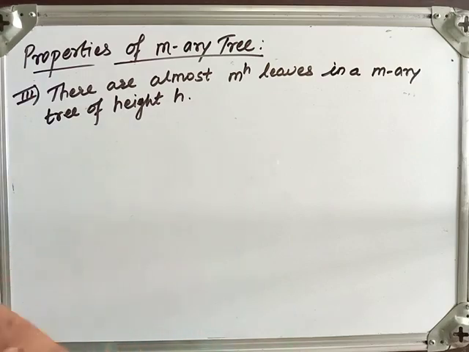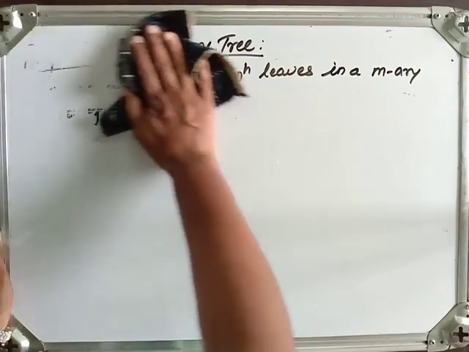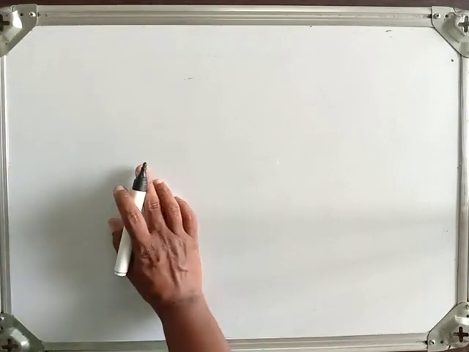Now this is about the properties of m-ary trees. Next we have to see tree traversal. Now what is it? Ordered rooted trees are often used to store information.